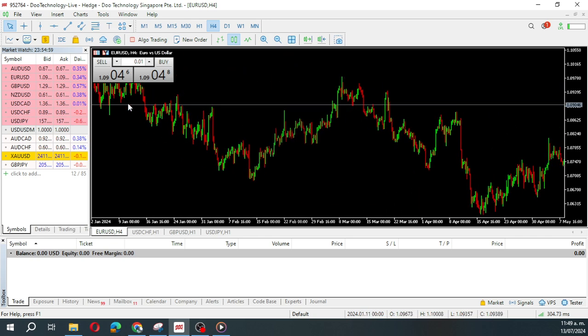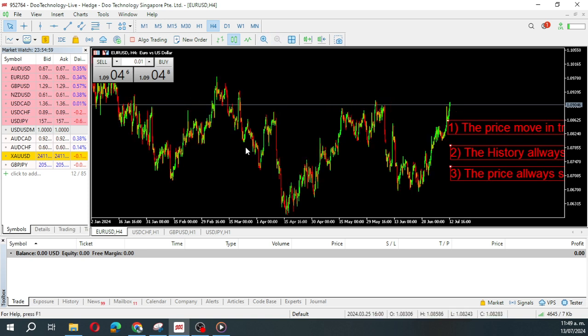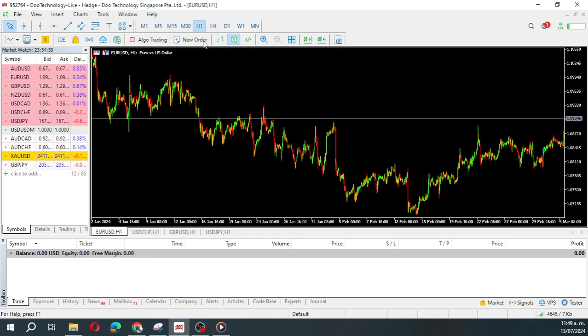It's something like the price always moves in trends, right? You are seeing right now the price of Euro USD in 4 hours. Let's put it in 1 hour, right? So I'm going to draw a trend line, right?